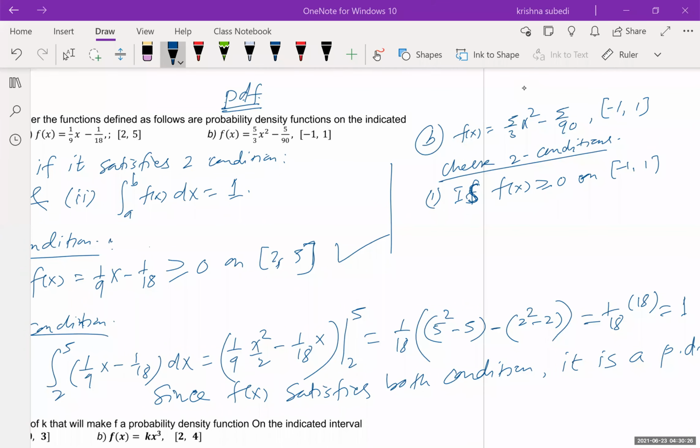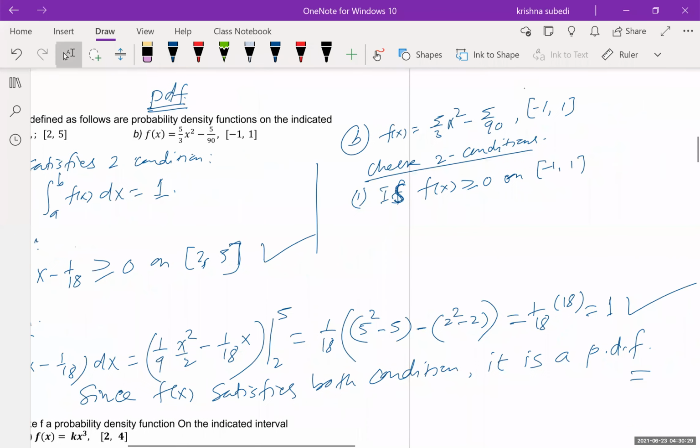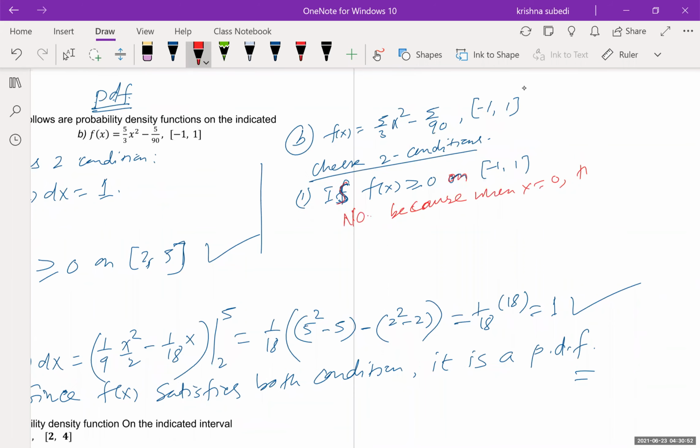Okay, guys, is f of x greater than or equal to 0 on the interval? Just use your common sense. One example is when x equals 0, then f of x becomes 5 over 3 times 0 squared minus 5 over 90, which is negative, you see.